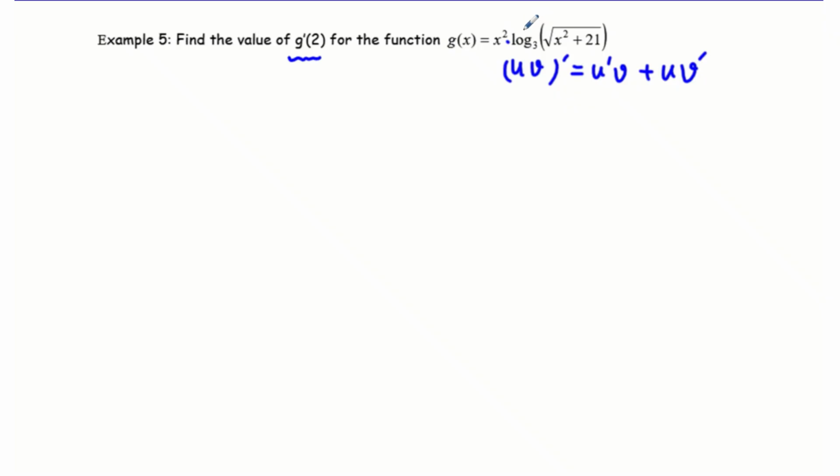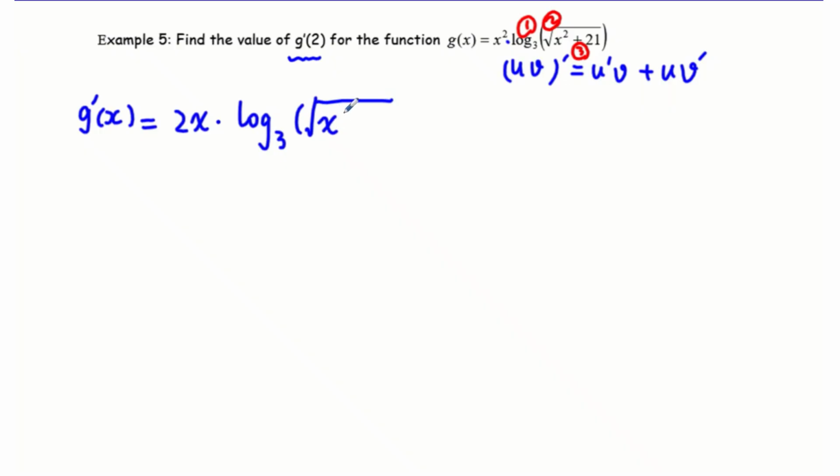For this one, we need to do the log first, then the exponent, the degree 1 over 2 second, then whatever is under the radical sign. So now we are going to do g prime of x equals the derivative of x squared first, which is 2x. Then copy the v here.